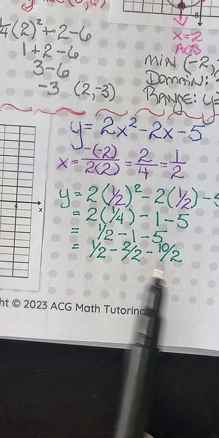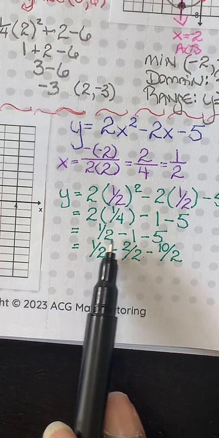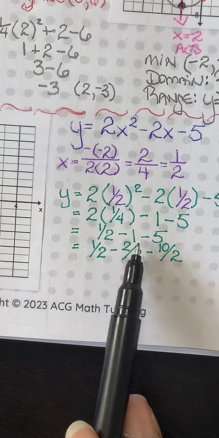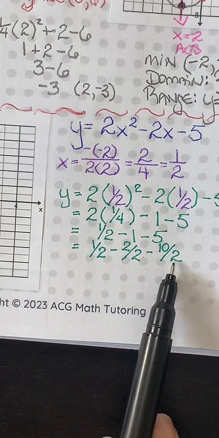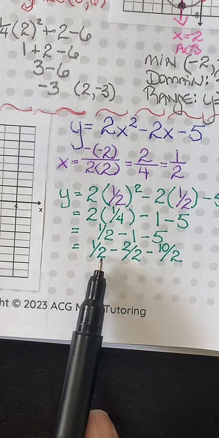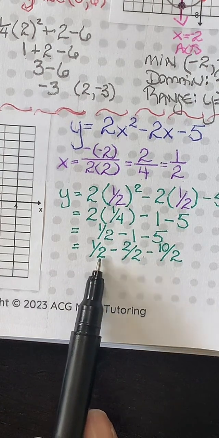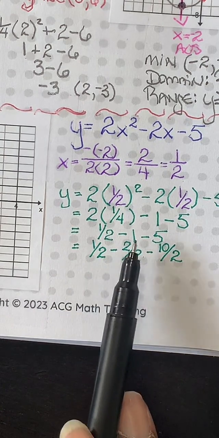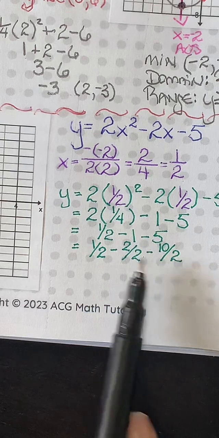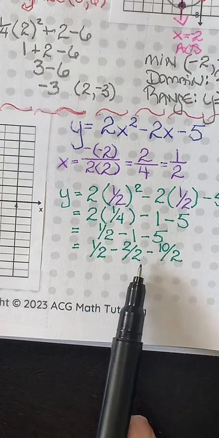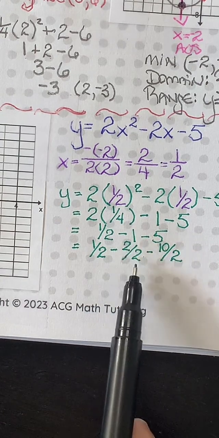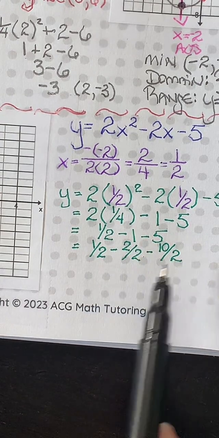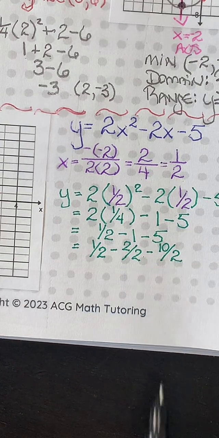Okay, so Willie, the only way we can add or subtract a fraction with whole numbers is we got to change them into fractions with a common denominator. So this had a denominator of 2. That means these other 2 terms need to have a denominator of 2. So now I'm converting the whole numbers into fractions with a denominator of 2.